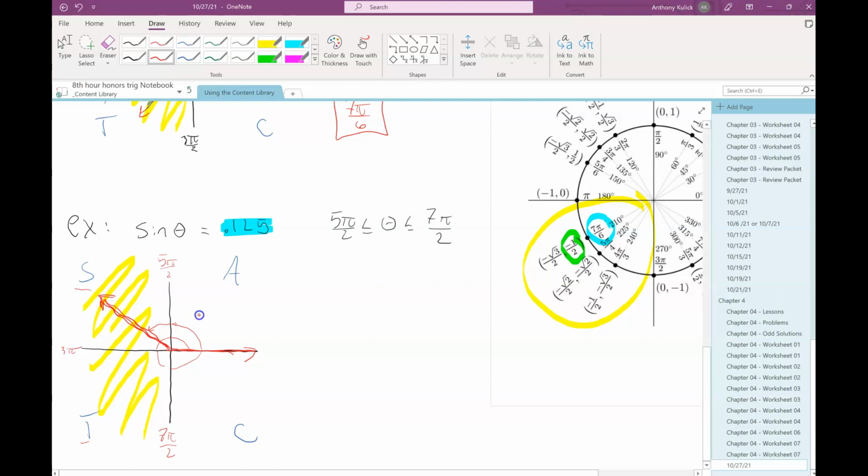So this is my theta. Again, the alpha I'm going to draw in here is always the acute angle made by the terminal side and the x-axis. And now I want to relate theta, alpha, and 3 pi together.